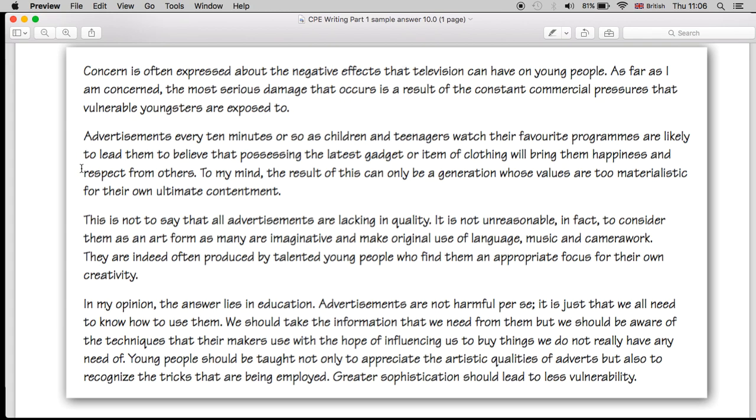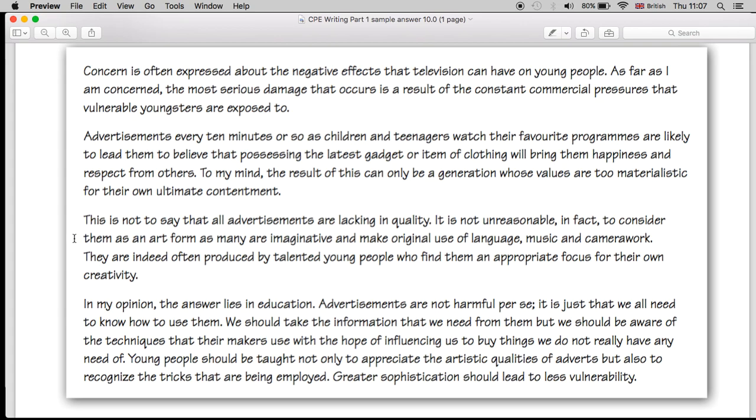The first small paragraph here outlines the points of the first text, in that children are vulnerable and thus easily manipulated by advertising. This sort of summarizes the second text.